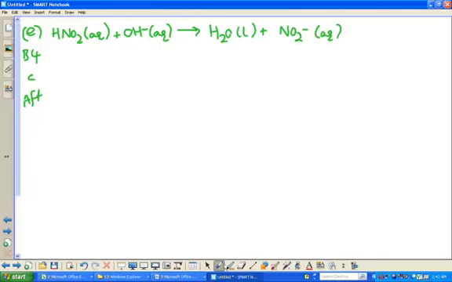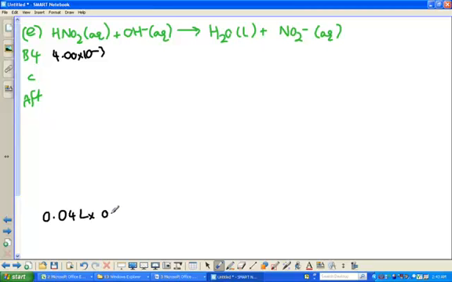Alright, and as always, the before number of moles for the HNO2 is exactly what it was before, 4.00 times 10 to the negative 3. The difference here is the OH minus, because it says I'm adding in 40 mLs of KOH, so I've got to see how many moles that corresponds to. Well, 40 mLs is 0.04 liters.